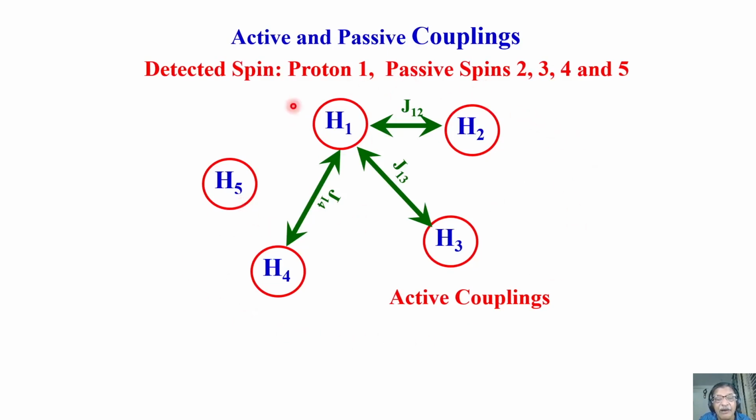But these are all called active couplings. When I look at the spectrum at the chemical shift of proton 1, I see that although all are a coupled spin system, only this one is coupled to these 3. Because of this, it will be a doublet, doublet of a doublet, and doublet of doublet of a doublet. So you will get 8 lines at the chemical shift of this proton. And from the 8 lines, you can measure this coupling and that coupling.